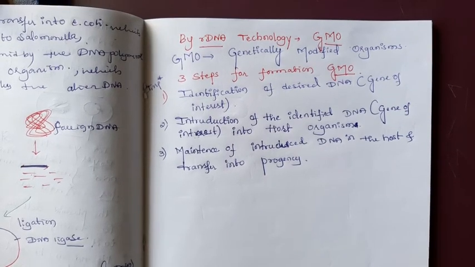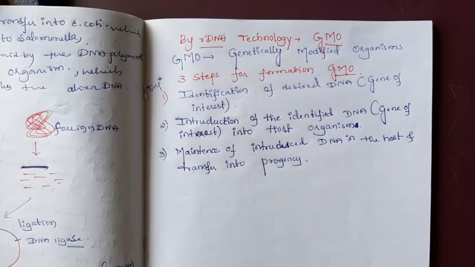Then only is our experiment successful. To say our experiment is successful, our gene of interest must be inherited by its progeny.